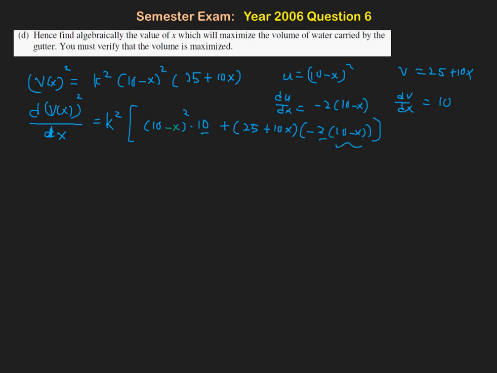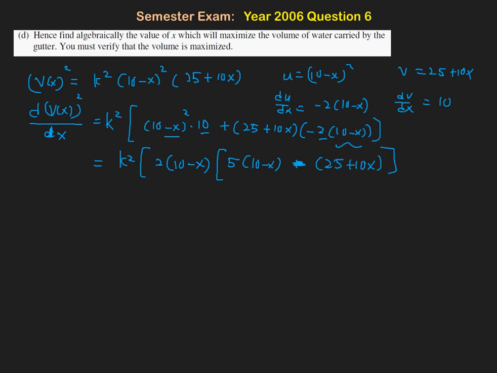So now I can factor this 2(10 minus x), and what I have here is then 5(10 minus x) for the first term, and right here I have the negative of (25 plus 10x), and there's no k.